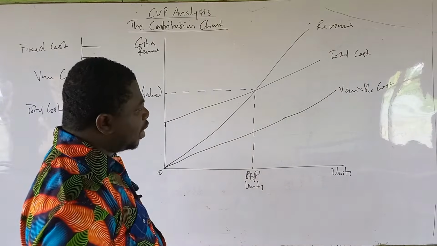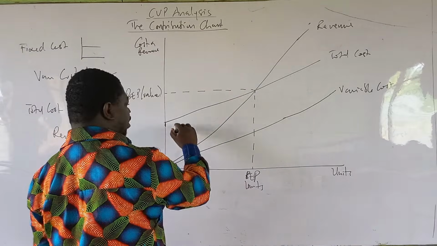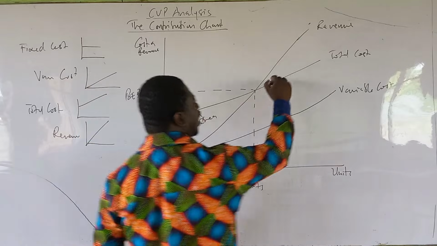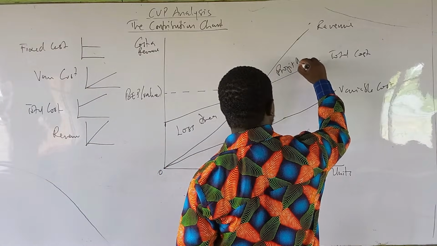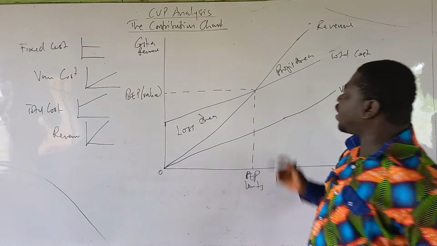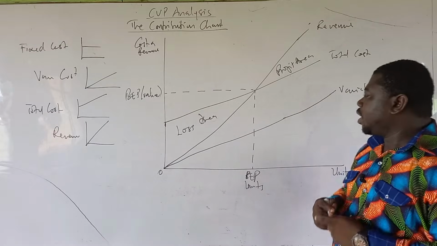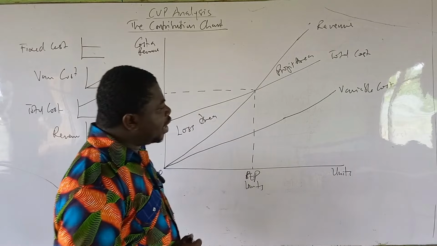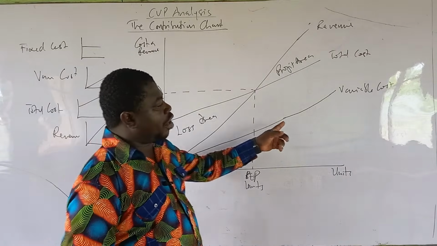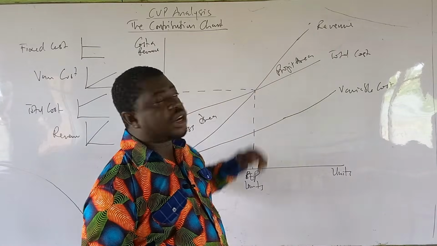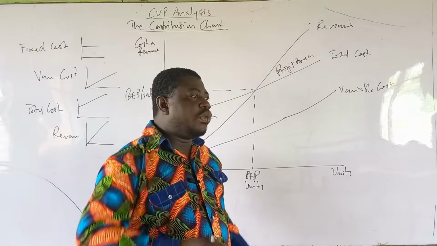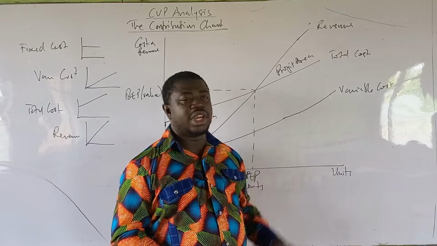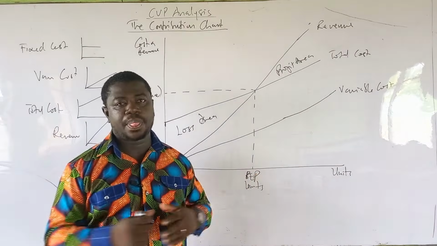So that is it. Now, as we all know, this is the loss area and this is the profit area, the areas before and after the break-even point. But we are going to introduce one more area. You see that in between the variable cost and the revenue is the contribution area, because we know that sales revenue minus variable cost gives us the total contribution.